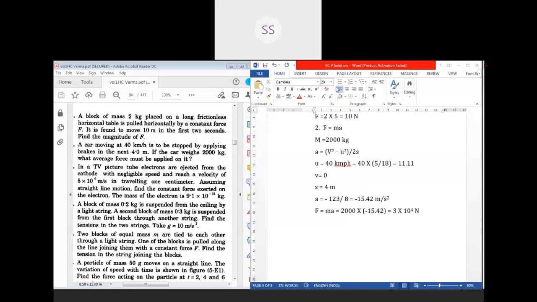If you use the third equation of motion, a is equal to v square minus u square by 2s, then u is given as 40 km per hour. When you convert it into meter per second, its value is 11.11 meter per second, and finally it came to rest, so v is equal to 0, and it traveled s is equal to 4 meters.